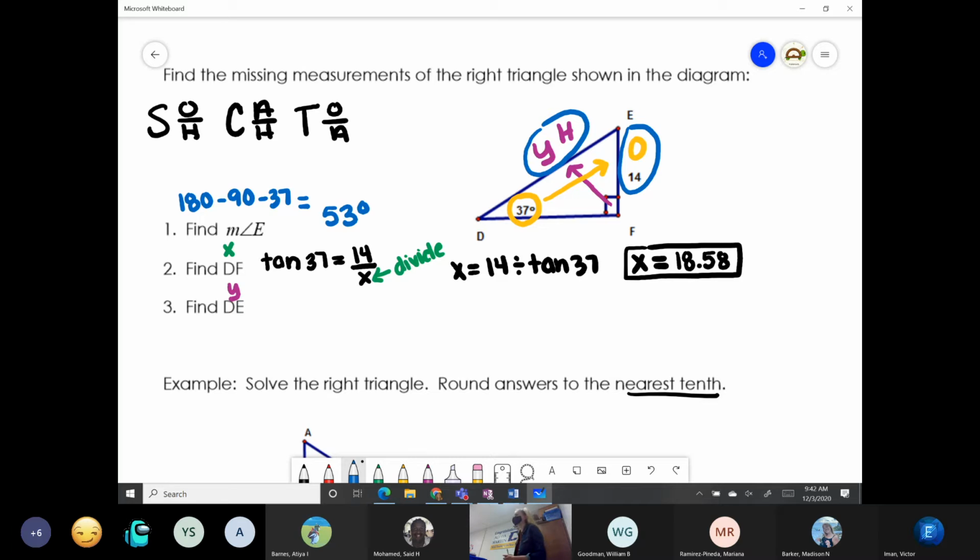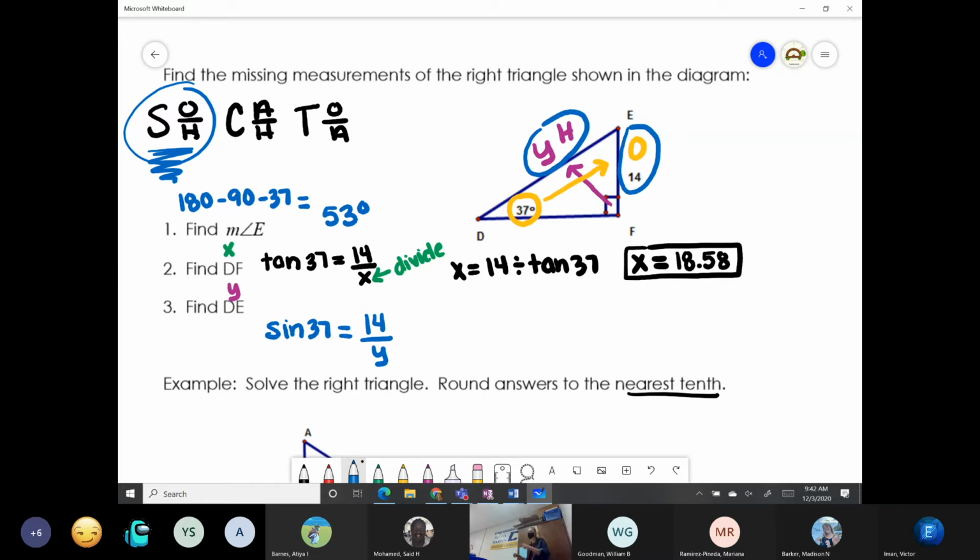If I have opposite and hypotenuse, which trig ratio is that going to be? Opposite and hypotenuse, O and H, that's going to be sine. So I'm going to say sine of 37 equals 14 over y.